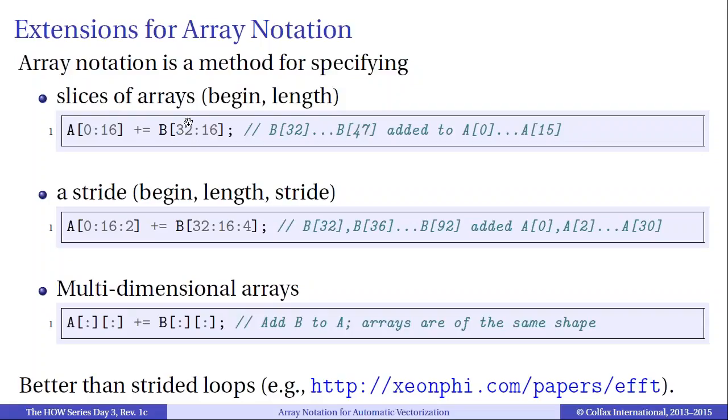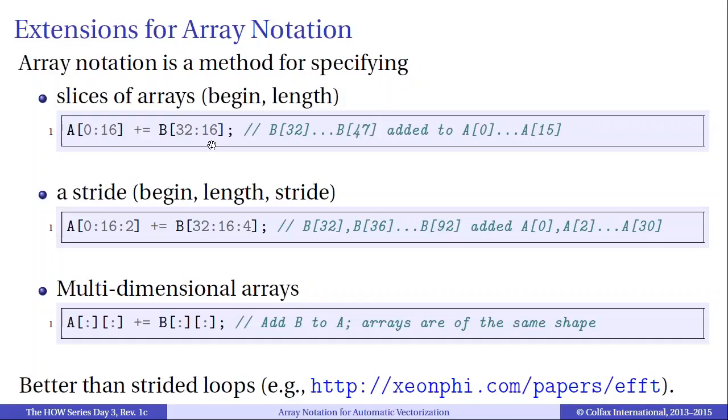So the first number is the start, the second number is the count. In Fortran, this is different because in Fortran you indicate start and end rather than start and count. So this kind of an expression will vectorize, and this is a shorthand for writing a loop. Functionally, there is no difference between doing that and writing a loop.